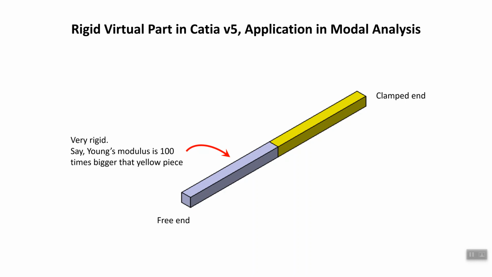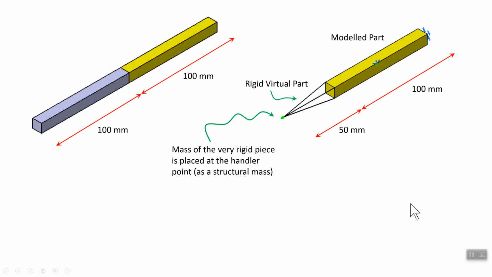Okay, so the way we're going to model the problem, we pretend that this gray one, 100 millimeter, is basically a rigid object, a rigid mass, and we're going to place the mass associated with that gray piece at the centroid of it. So what is shown on the right side is actually the yellow piece, which is going to be modeled with 3D elements, for example, and then we're going to create a virtual part which is shown here, whose handler point is 50 millimeter away from the face on the right.